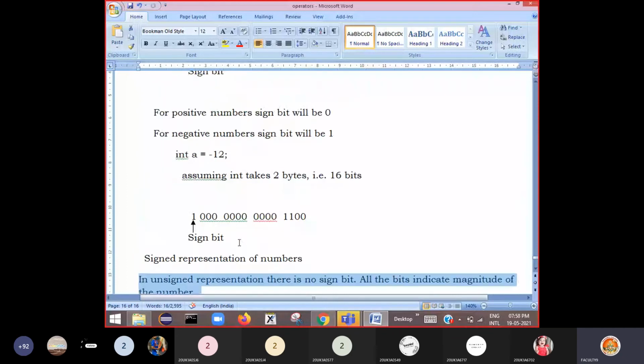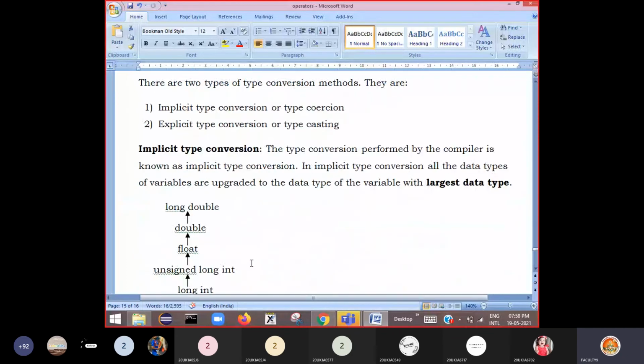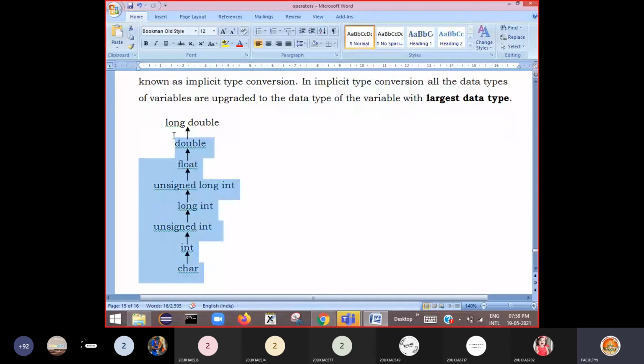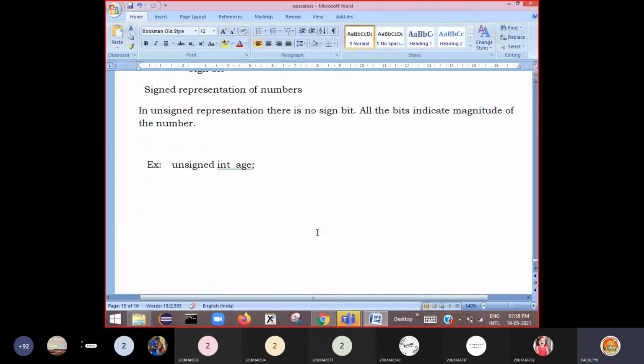Right. Now we were talking about implicit conversion. This is the hierarchy, how a small data type will be converted into the highest type. Now I'll give you an example for implicit conversion.